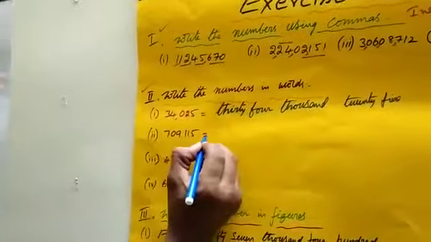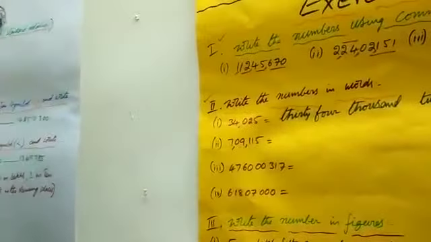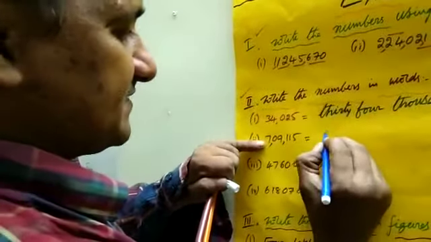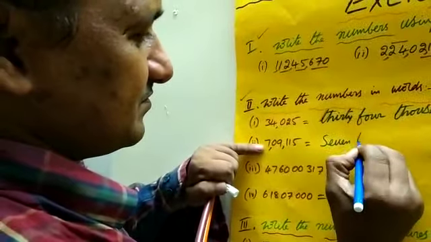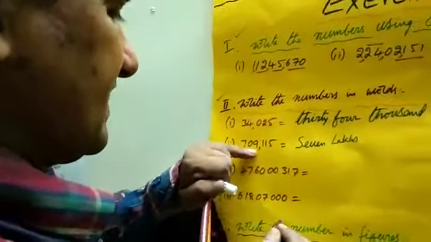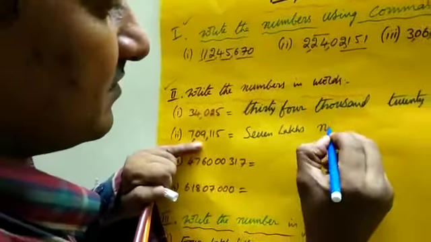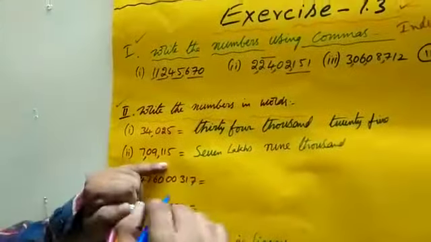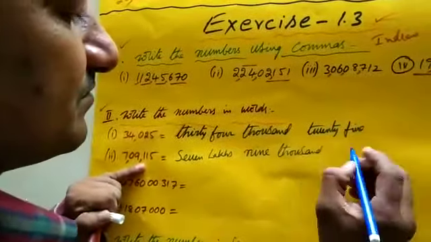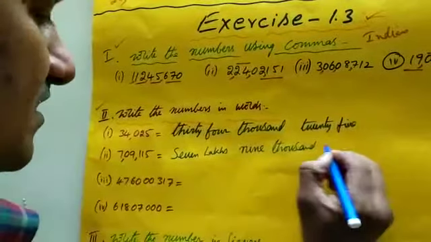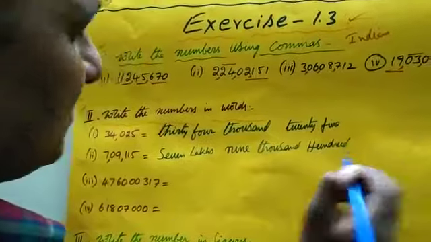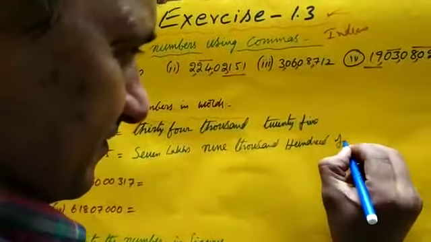Next, the number: first of all divide with commas. Right. Ones, tens, hundreds, thousands, ten thousands, lakhs, 7 lakhs, 9,000, 9,115.